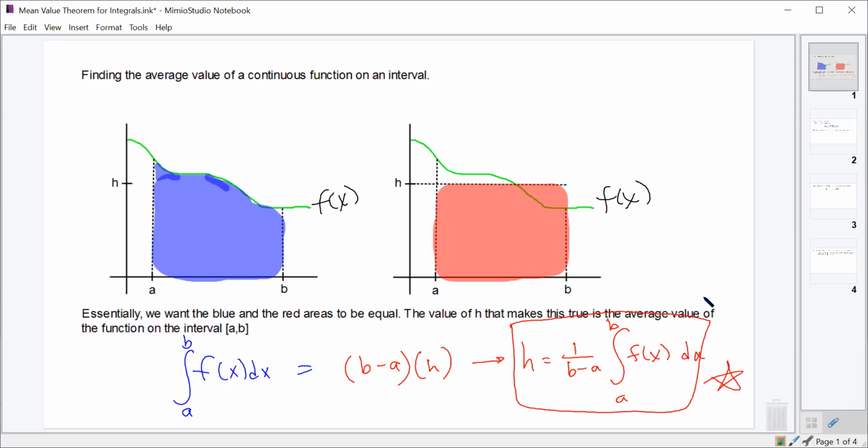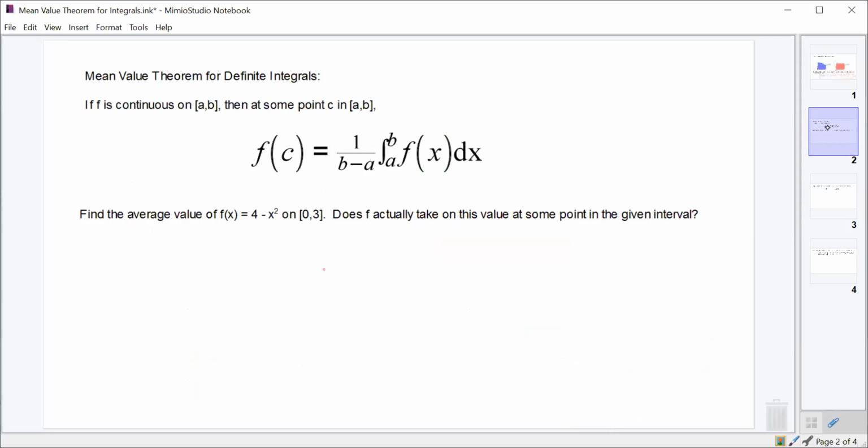And so in doing this, we'll be able to review a little bit of how to find our integrals. So there it is. There's the value. H is what we were calling this before, or h is f of c. And we're guaranteed, according to this theorem, that we can find that average value.